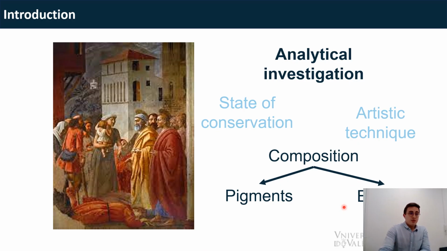That's related to the artistic technique, and that's basically how the artist stuck that pigment to the wall. If we are talking about wall paintings, that pigment needs to be stuck. It needs to be retained in the surface of the wall. In that direction, there are different techniques.